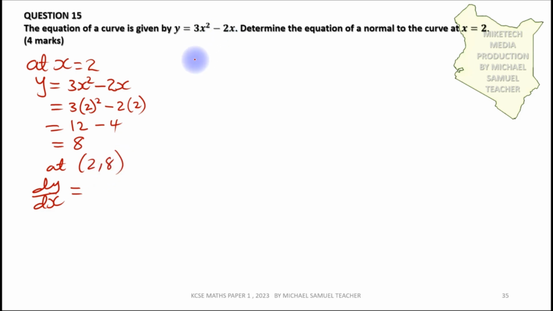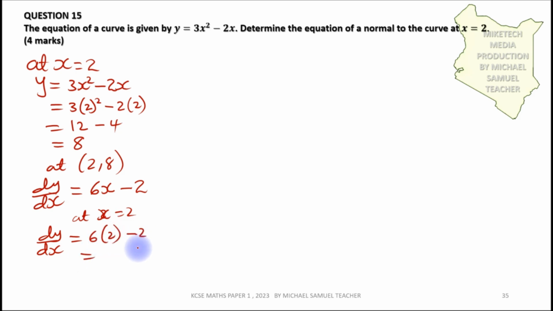So differentiating y with respect to x, that will be 6x minus 2. So at x is equal to 2, the gradient function will be 6 times 2 minus 2, which is 12 minus 2, which is 10.